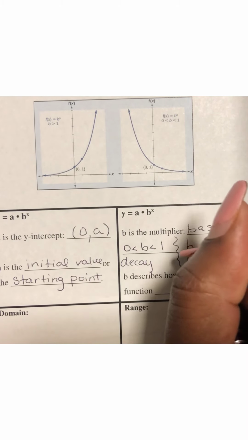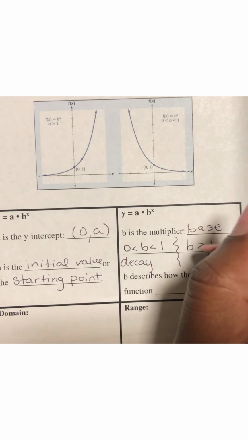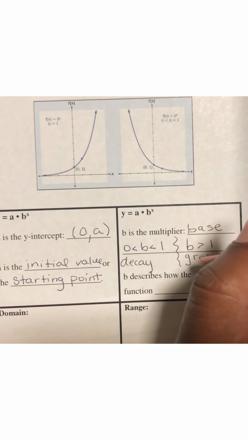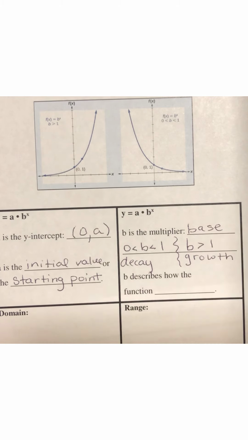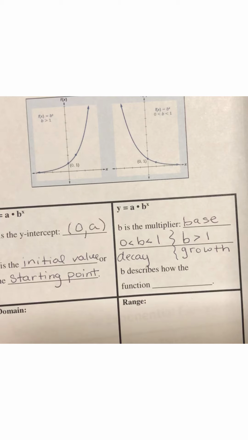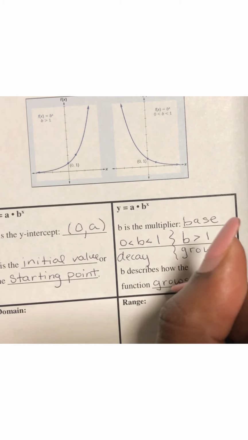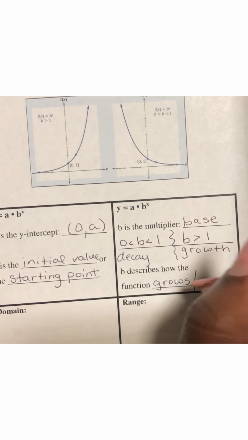But if the base is greater than 1, we're going to see a growth in our function. Okay? So, b describes how the function grows or decays.